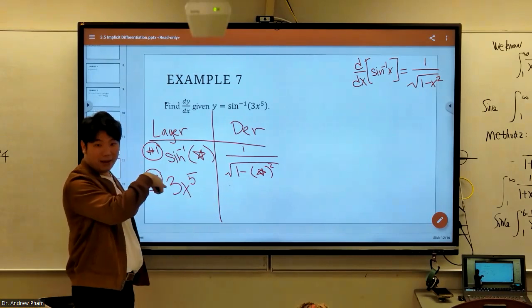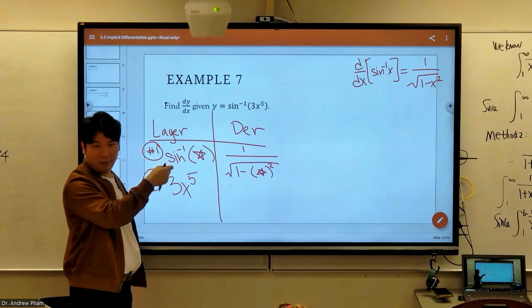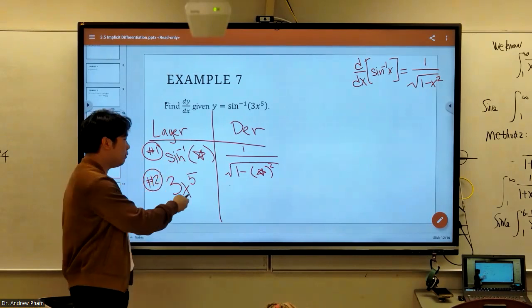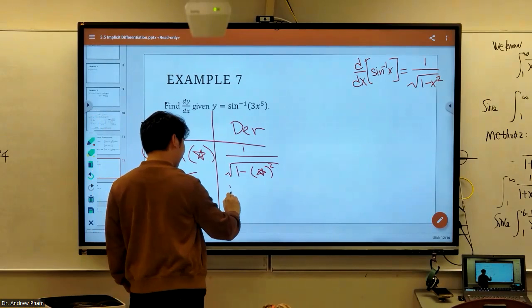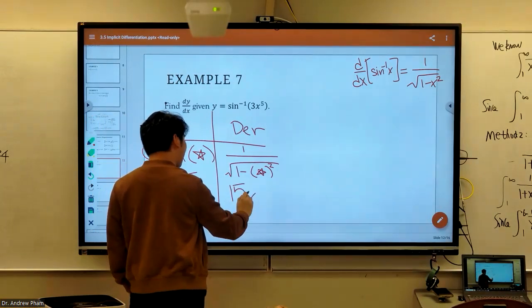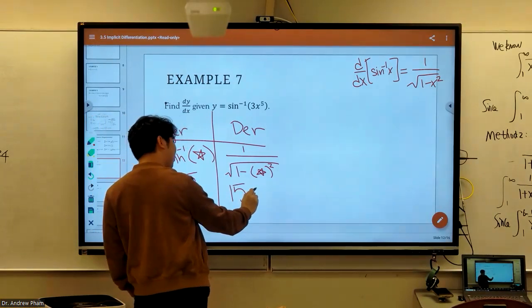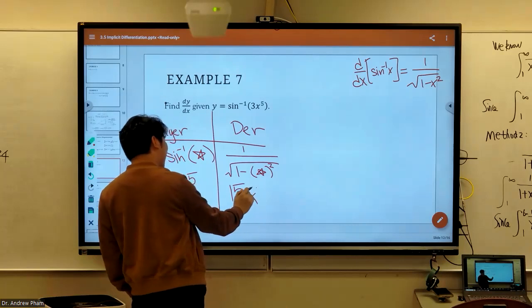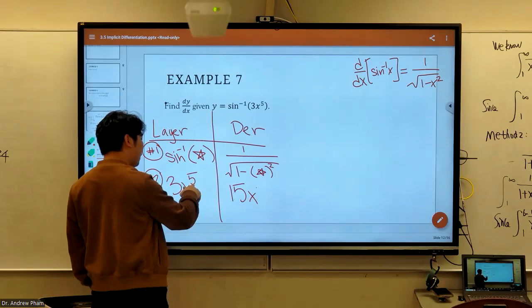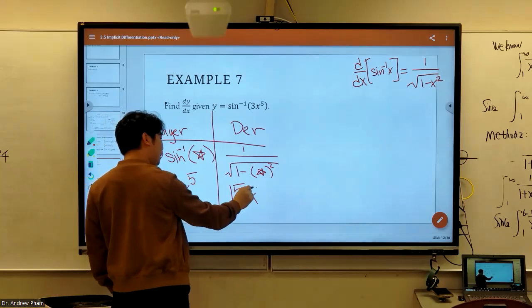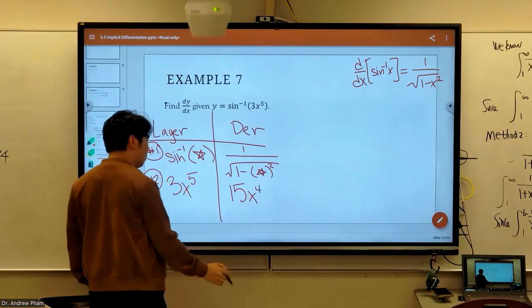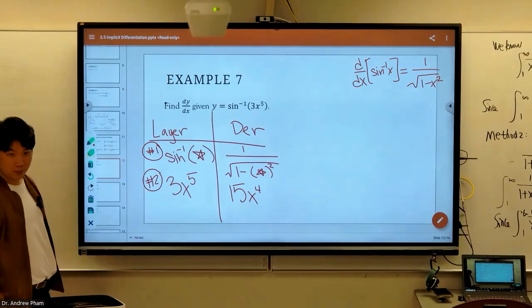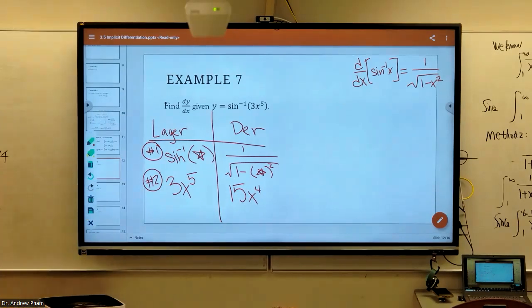So we can bring down the 5, and I'm going to go ahead and just multiply it because we can do that multiplication real quick. What's 5 times 3? There we get 15x to, what's the power? If I take the derivative of the power, we do 5 minus 1, giving me a nice 4 because of the power rule. Bring down the power, reduce the power by 1.